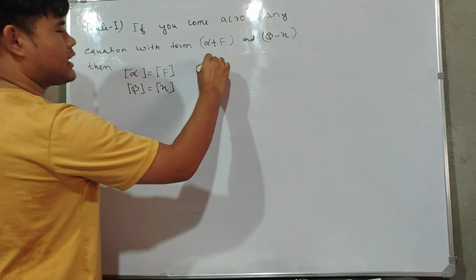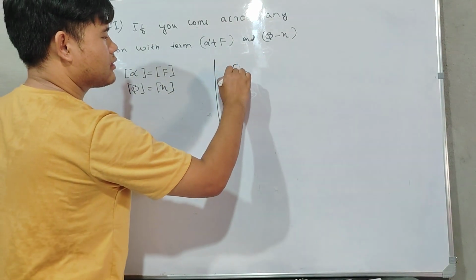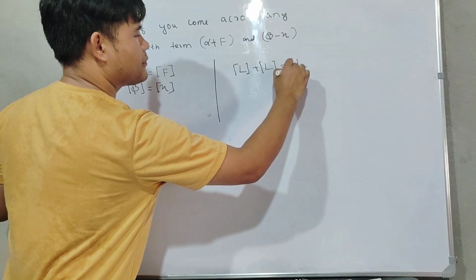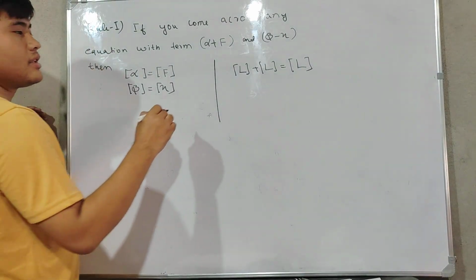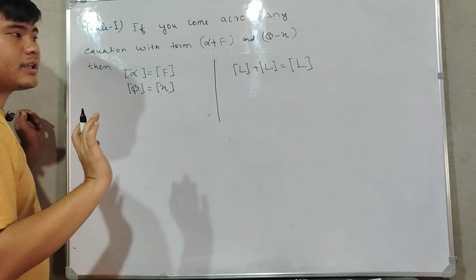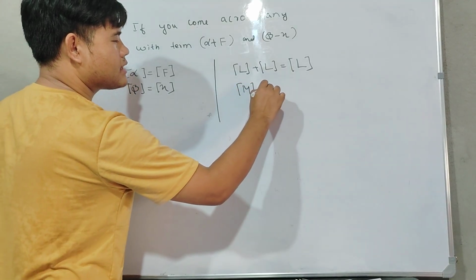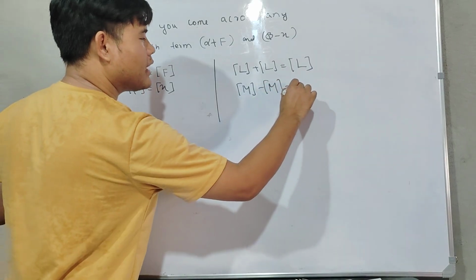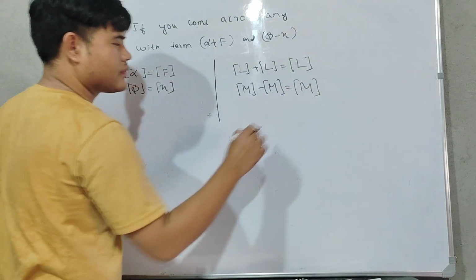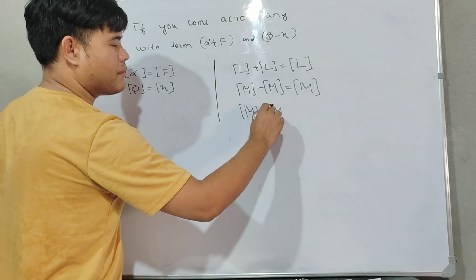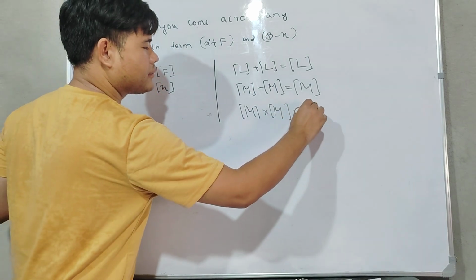In other words, you can write it like this also. L plus L will give L only, right? So this and this will have the same terms. Similarly, M minus M will give M only.